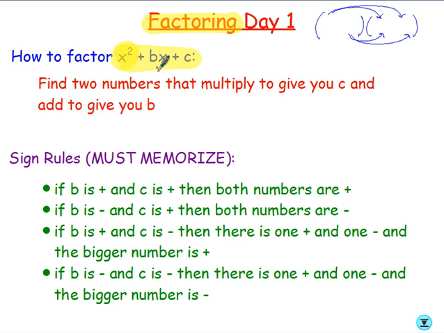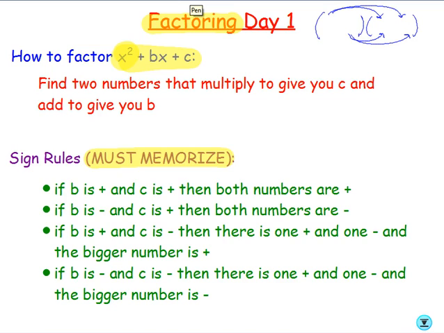Now, in the process of trying to find these multiplication facts and addition facts, I had mentioned b can be positive, b can be negative, c can be positive, and c can be negative. So there's some rules that will help you in narrowing down your options. These are your sign rules, and as you can see here, these are rules that you must memorize. So here's our rule.